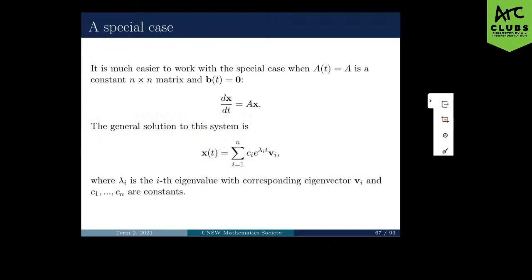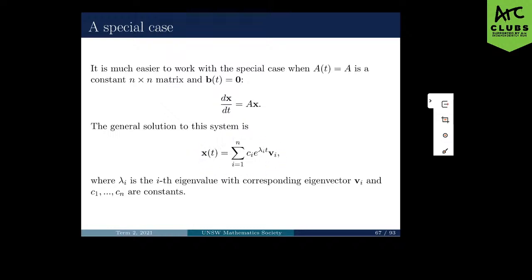Anyways, what's even nicer is that we generally only deal with this very special case of linear ODEs, which is when we have a constant matrix A and the case where b is equal to the zero vector. And we can write solutions to this general system as this down here.